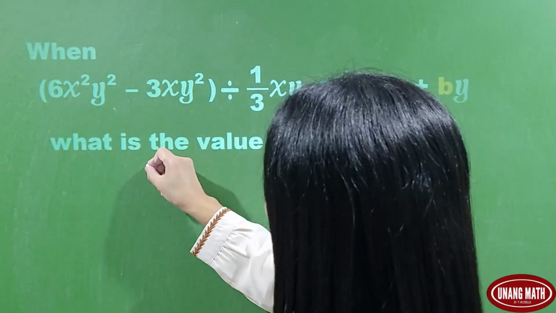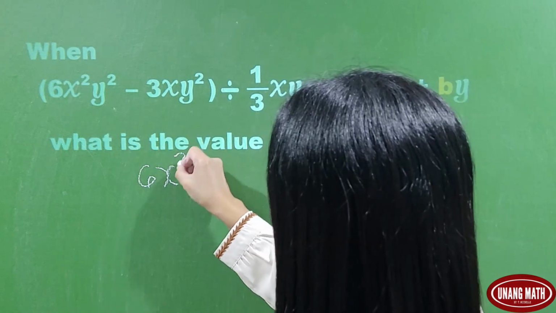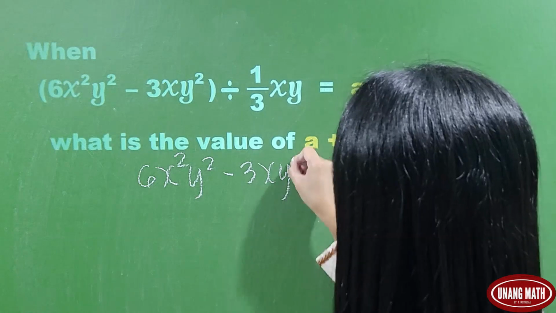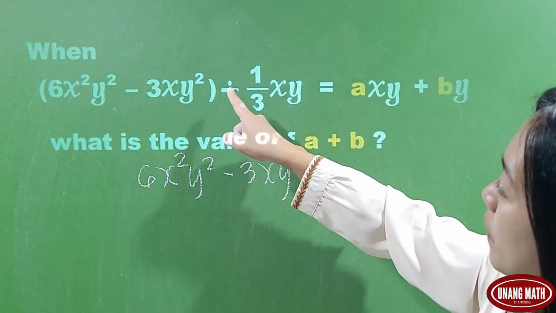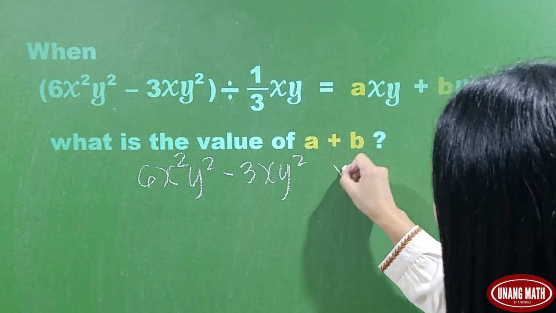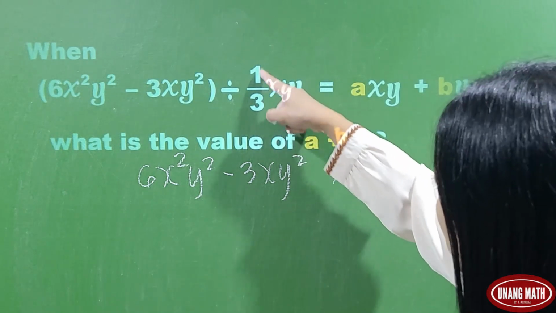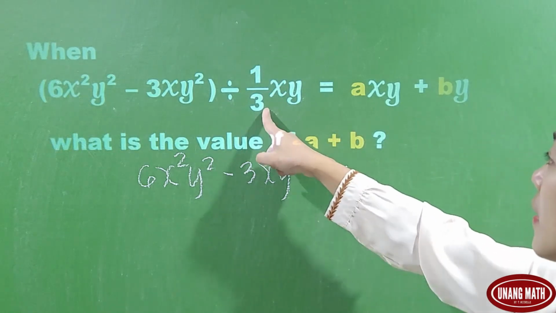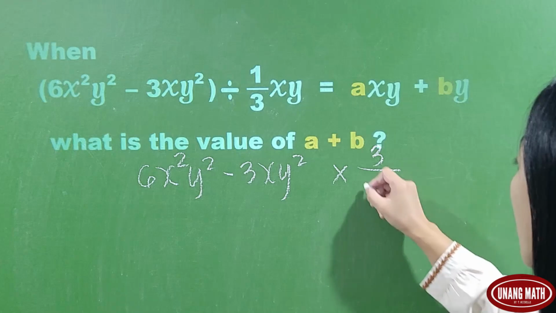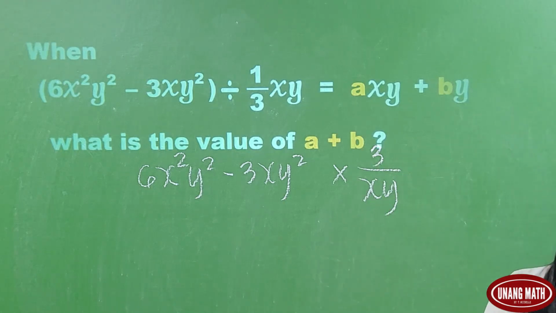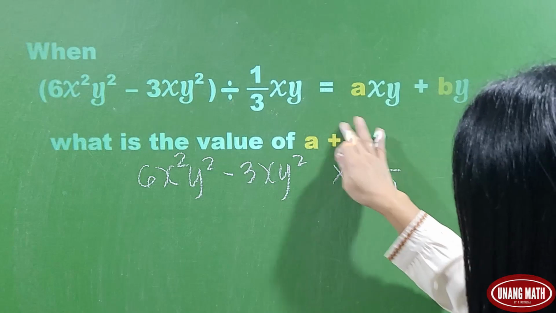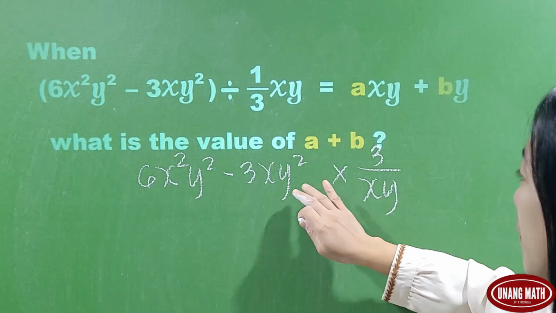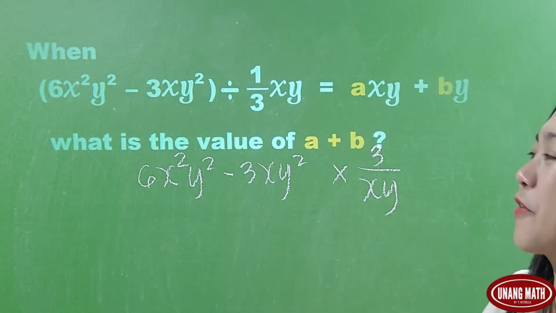So, let's copy the polynomial 6x squared y squared minus 3x y squared. Now, this division turns to multiplication and we will get the reciprocal of 1 over 3xy or xy over 3. So, the reciprocal now is 3 over xy. Okay, this means that this monomial should be multiplied to each term of this polynomial. But before we do that, let's first simplify.